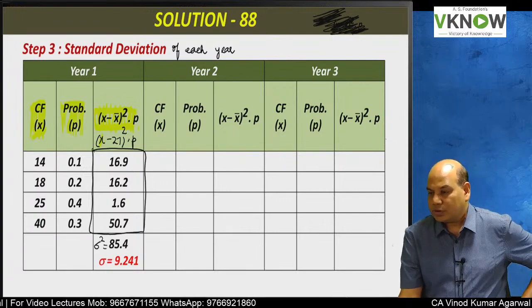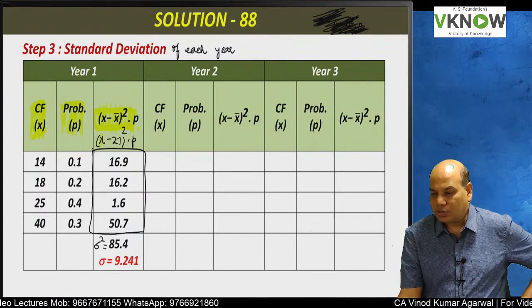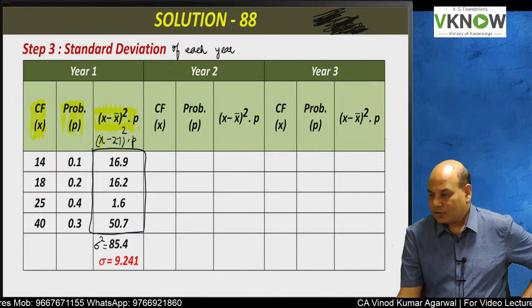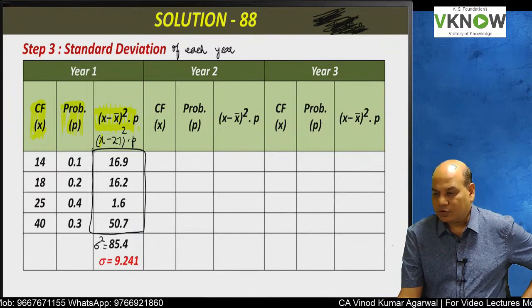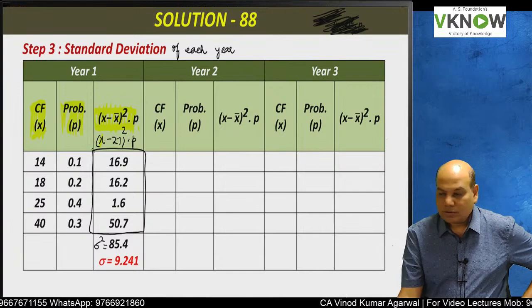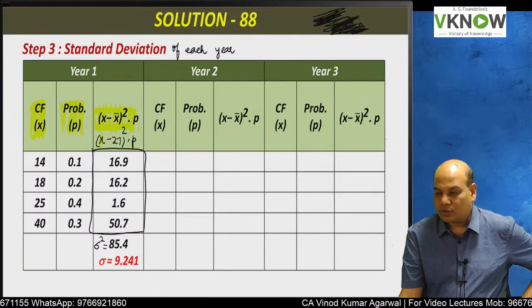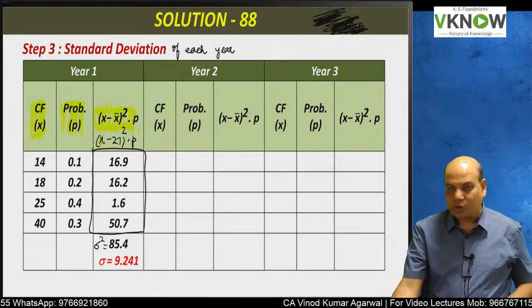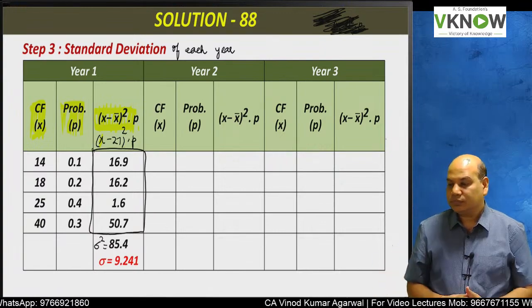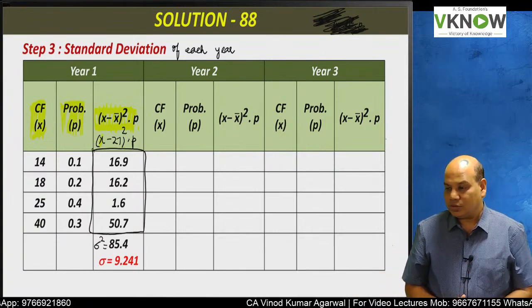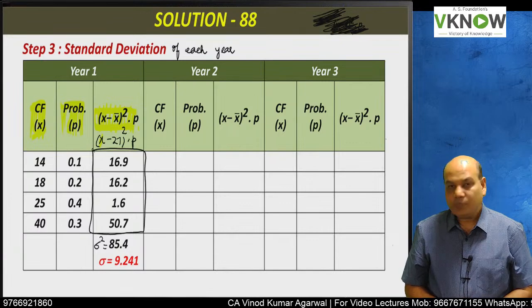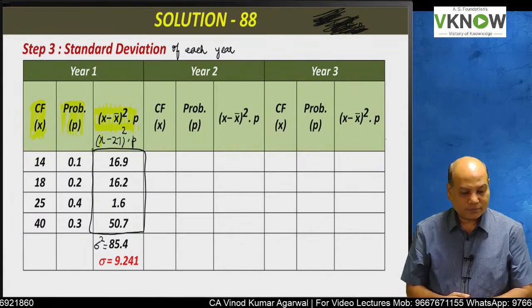85.4 is sigma square. Sigma will be under root 85.4. On your calculator, take 85.4, press the square root function. You will get 9.241, correct? Now please try year 2 yourself.